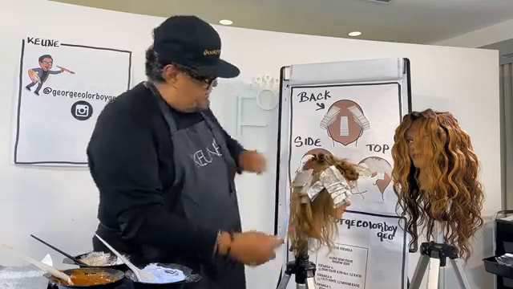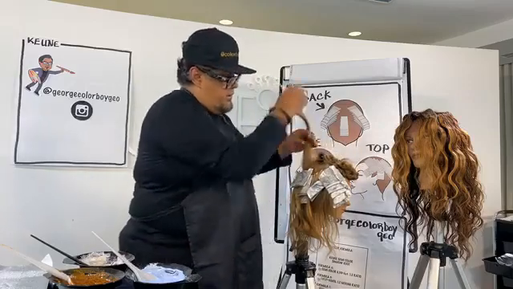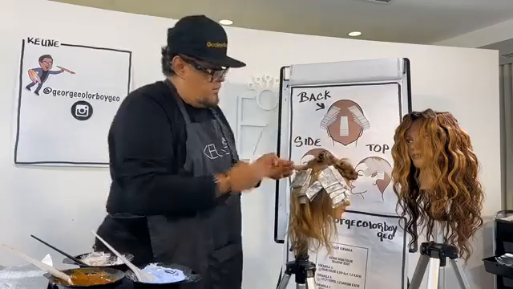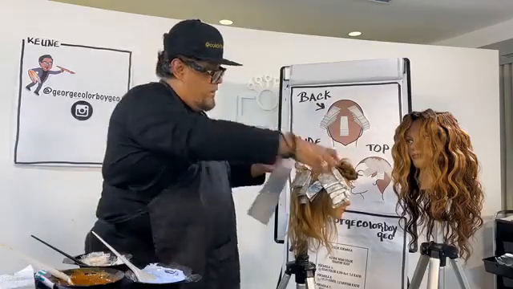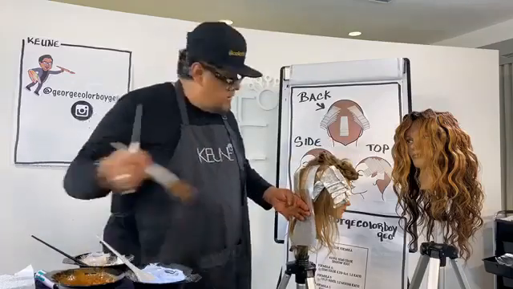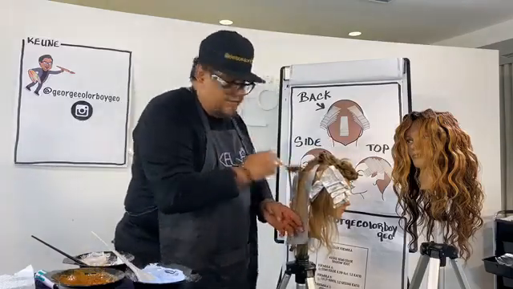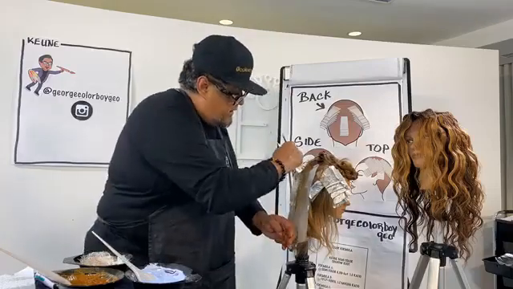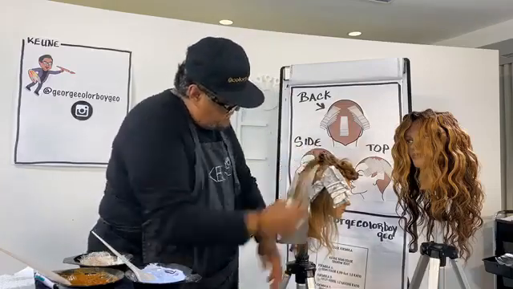Now my next one directly on top of that is going to be a slice as well. And then this is also going to be my base color. And then I'm going to leave hair out. Now I'm going to work in my high lift just a little bit. That's your mid color.